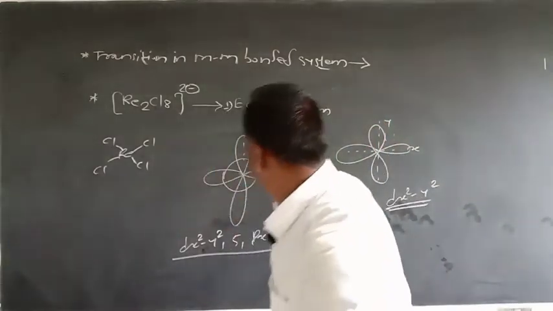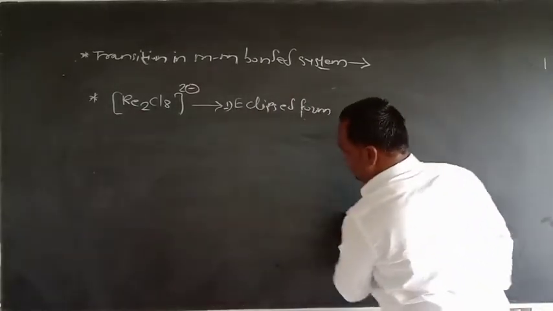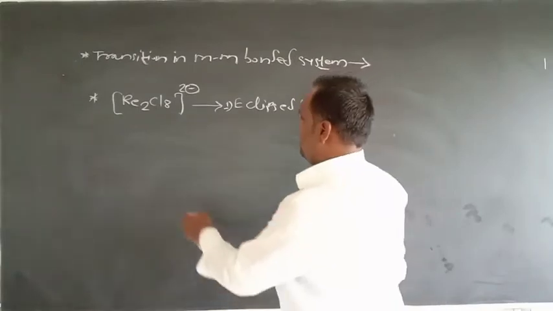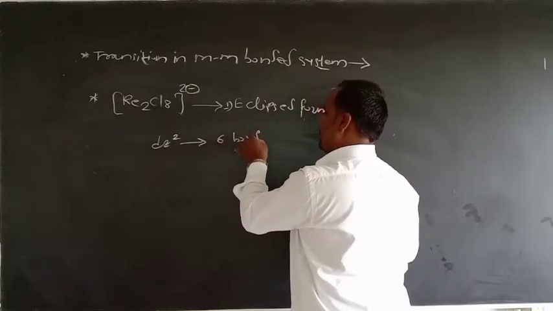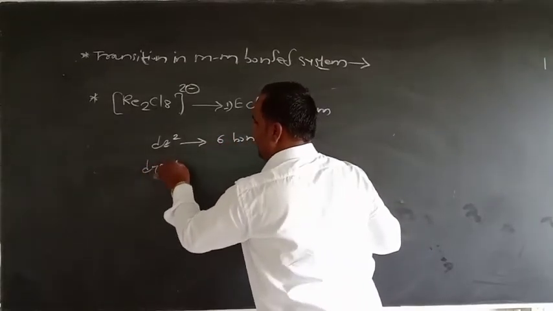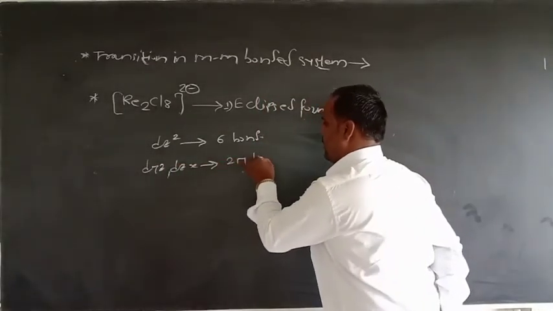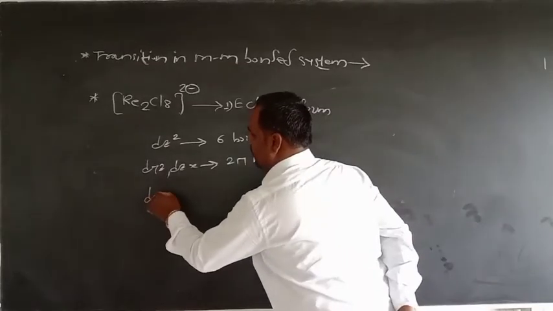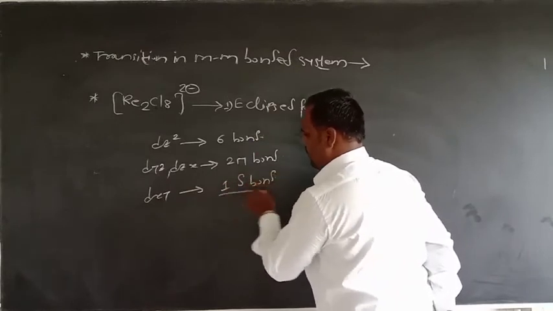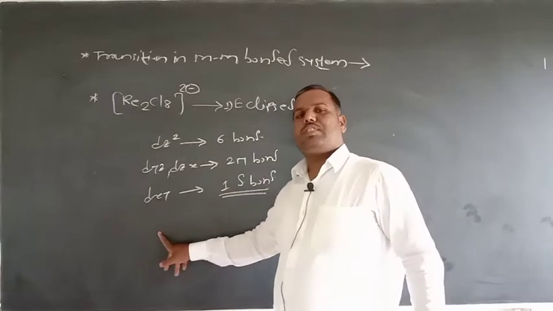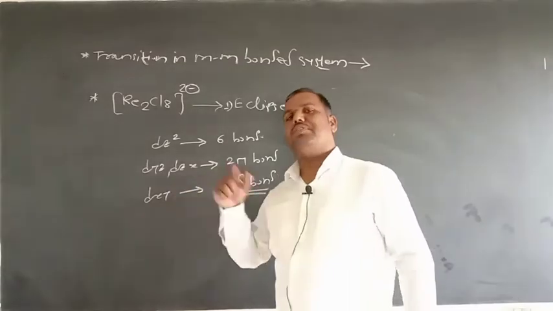If you consider the remaining orbitals available to form bonds, the dz square orbital of each metal atom forms a sigma bond, the dyz and dzx orbitals form 2 pi bonds, and only the dxy orbital is available to form one delta bond, because the dx square minus y square orbital is already involved in bonding with the ligand attached to the metal.